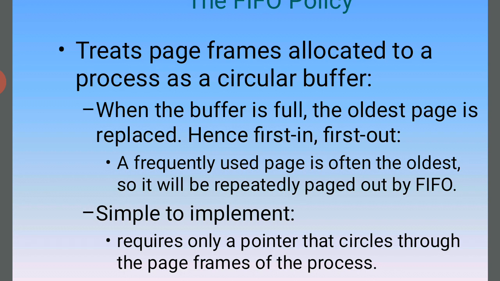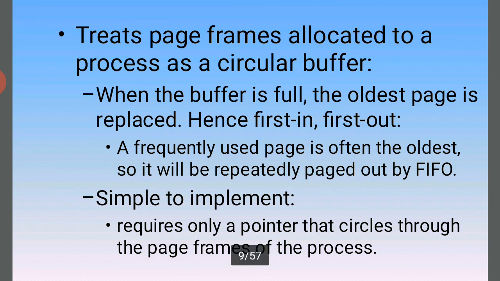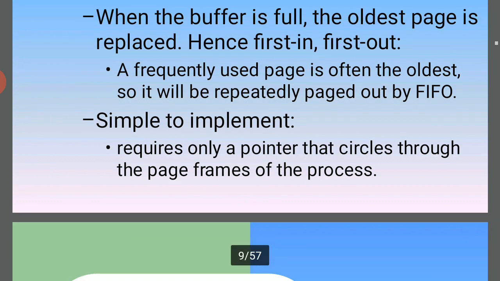The first page is replaced by the second page. A frequently used page is often the oldest, so it will be repeatedly paged out. It is simple to implement and requires only a pointer that circles through the page frames of the process.